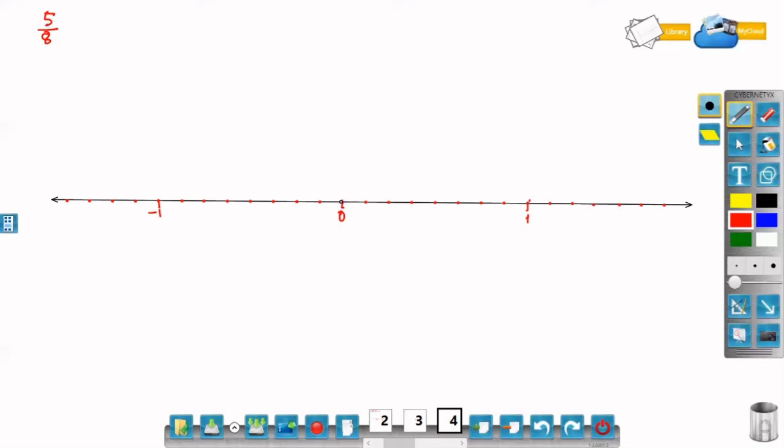Now we have divided 8 parts between the integers. Now numerator is 5. So we have to move 5 parts away from 0 to the right side. 3, 4, 5 is here. This is 5 by 8.